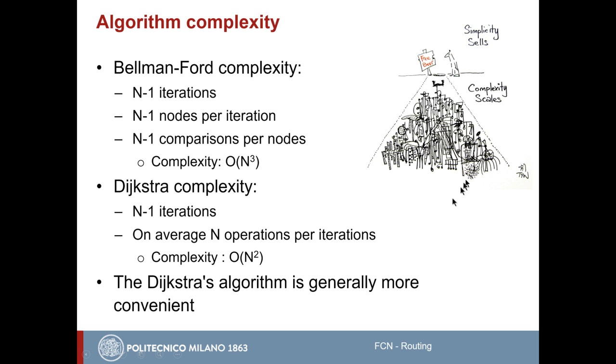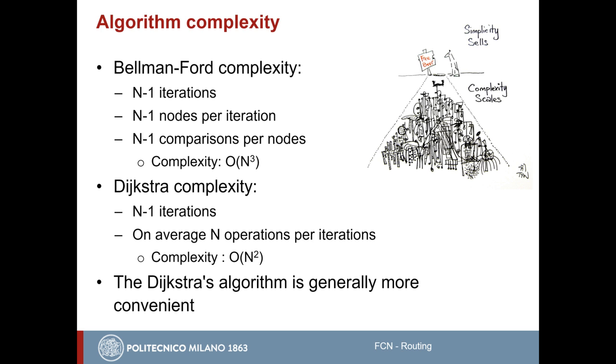So the complexity of these two algorithms is polynomial, and in fact, if we calculate the complexity of Bellman-Ford in the worst case, we see that we need n-1 iterations, because in the worst case, this is the diameter of a network with n nodes. And when we perform each iteration, we have to consider n-1 nodes, which are all the nodes except the source.